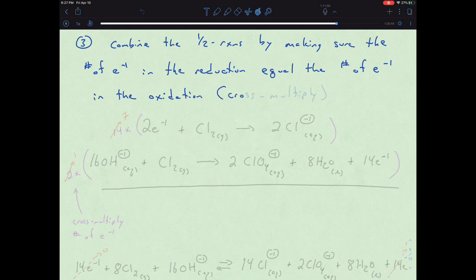And this is this nature of the cross multiply, or cross multiplication of electrons.